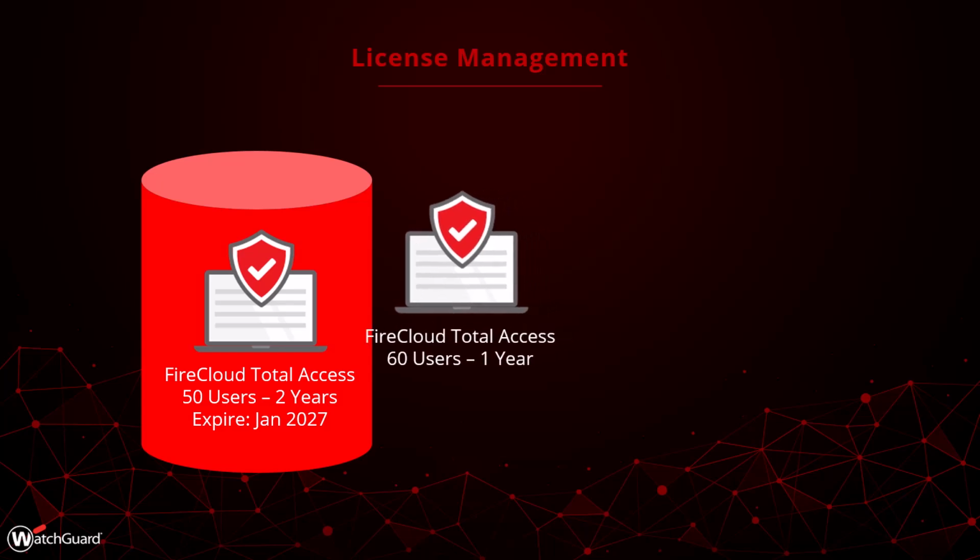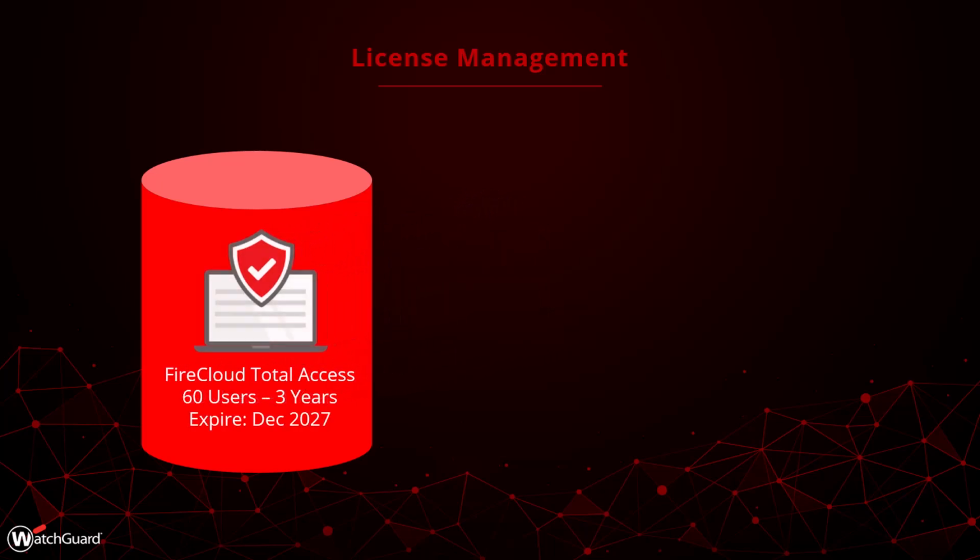When I extend the expiration with a different number of users in my new license, the new number will take over and immediately change the total number of users available to match the new license that I just activated. So I can start protecting the additional users immediately. WatchGuard will automatically adjust the new expiration date to reflect the remaining value of the combined licenses.